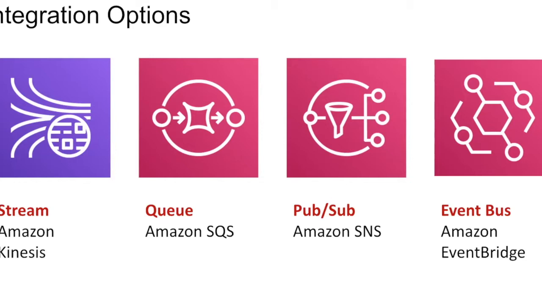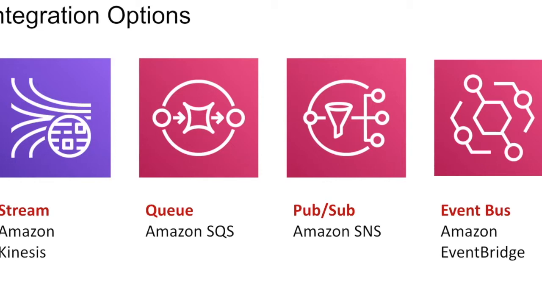SQS, one of the first services in AWS, is more to do with directed event transmission, one source or a set of sources to one consumer processing the event one at a time. SNS, again, is extremely popular. It's the default service integrated with CloudWatch Events. So every time you want to send out any sort of alerts or notifications, SNS comes first to mind.